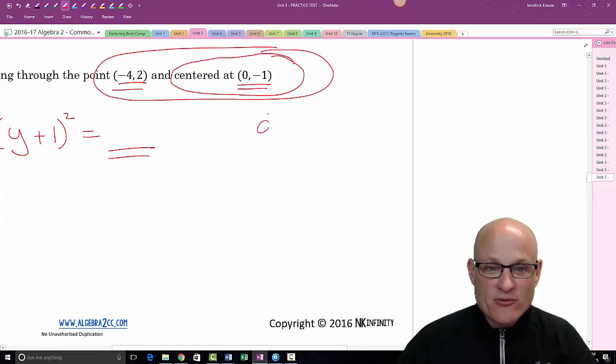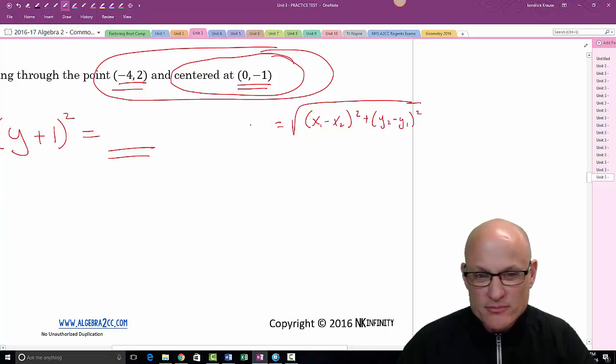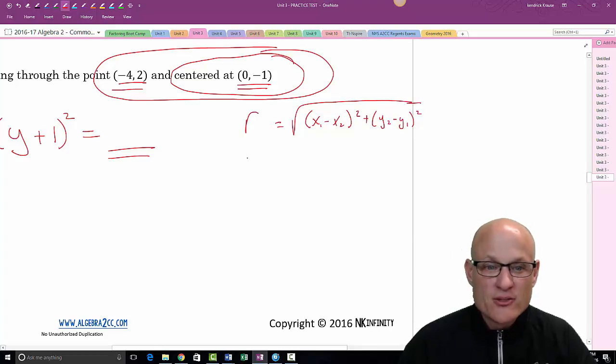So I know the distance formula is equal to the square root of x1 minus x2 squared plus y2 minus y1 squared. I call this the distance, but it's really the radius. So I'll call it r.